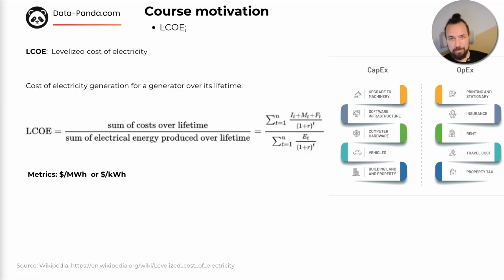And maybe why do we need this? You can think about this. How do you plan to compare a nuclear plant that could run for 50 years, with a 90% capacity factor, and produces steady power almost all the time, and a solar farm that works for 20 years, with a much smaller capacity factor, and at the same time even will lose capacity and generation over its lifetime due to degradation?